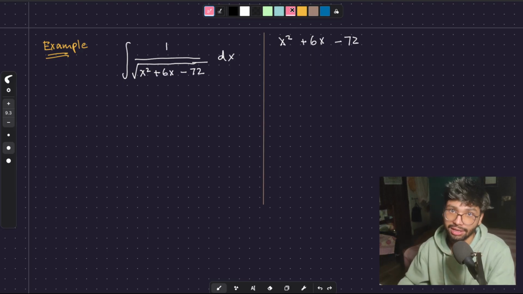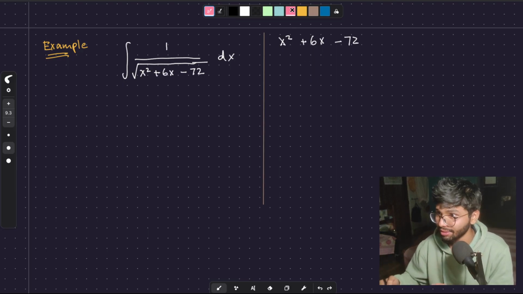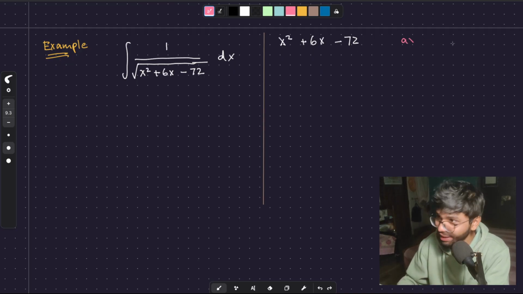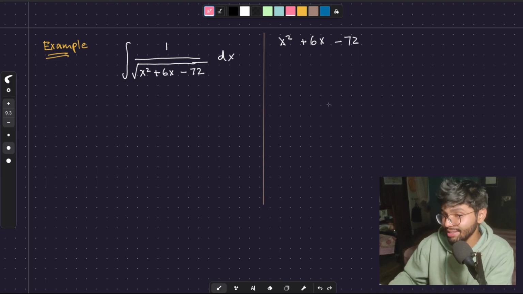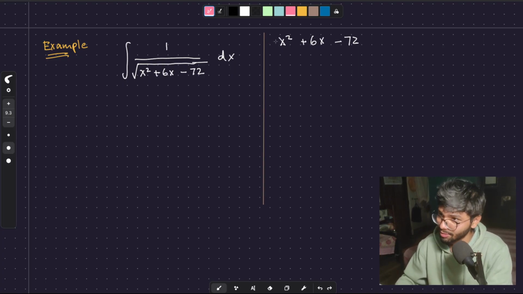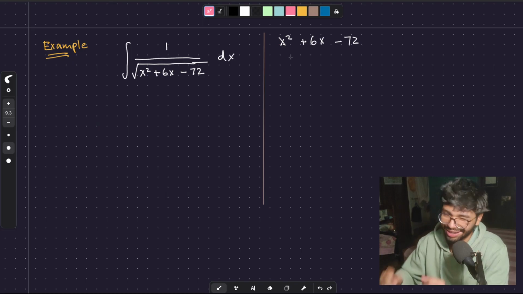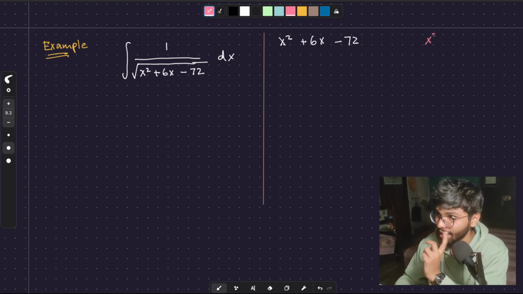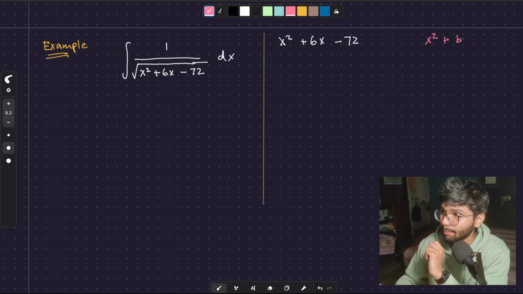So how does the completing the square method work? Well, for any general ax squared, let's forget the a for now because we don't have any a over here. That's the easier version of completing the square, because if we have a's, then things get a bit messy. So let's just focus on the normal x squared plus bx plus c version.